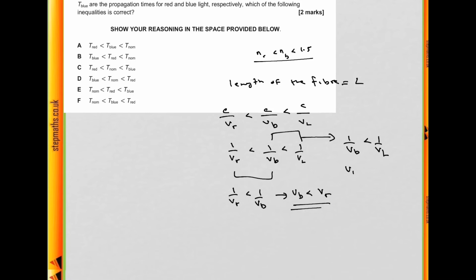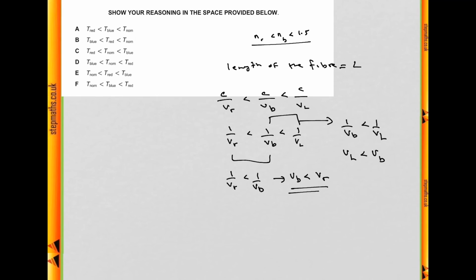Therefore, we know that VL is less than VB. Okay, so what is the ordering of the velocities now? VL is less than VB, and VB is less than VR. So the ordering for the velocities is this.